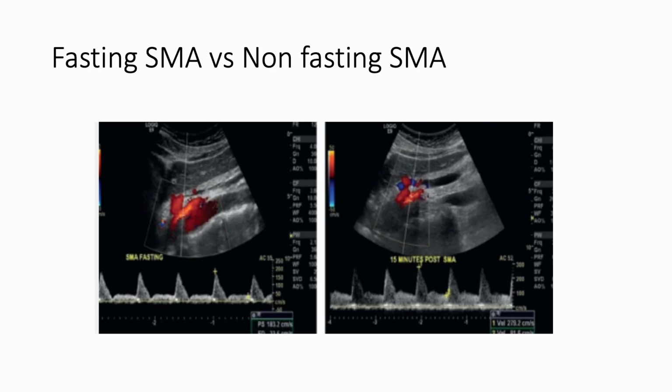Okay, so here is fasting SMA versus non-fasting SMA. You can see on the left, the fasting SMA is high resistance. 15 minutes post an Ensure or a very fatty meal, you've got a more low resistance waveform there on the SMA.